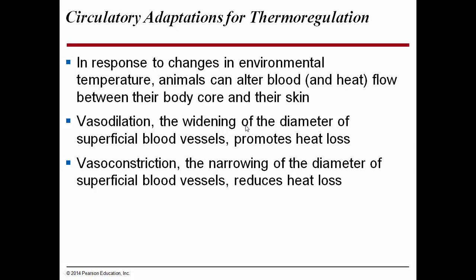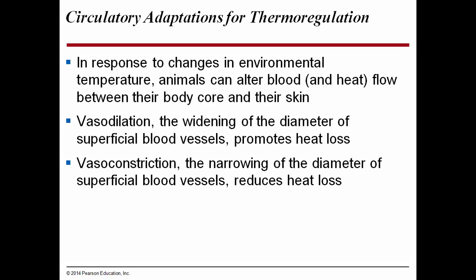Circulatory adaptations for thermoregulation. In response to changes in environmental temperature, animals can alter blood and heat flow between their body core and their skin. Vasodilation is the widening of the diameter of superficial blood vessels, and that promotes heat loss. Vasoconstriction is the narrowing of the diameter of superficial blood vessels, which reduces heat loss.